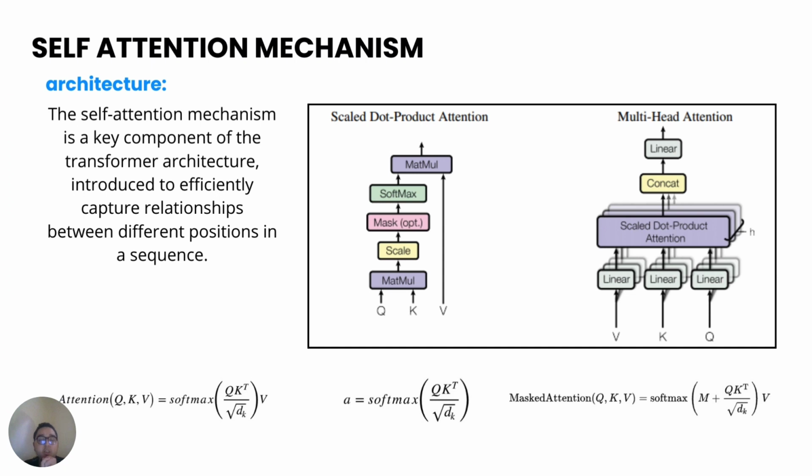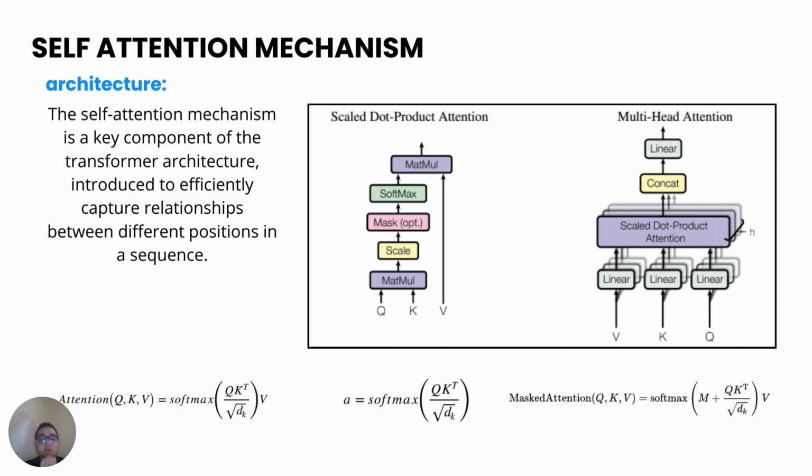So the self-attention mechanism is a key component of the transformer architecture, introduced to efficiently capture relationships between different positions in a sequence. As you can see in the image, the multi-head attention is a crucial component in the transformers architecture.